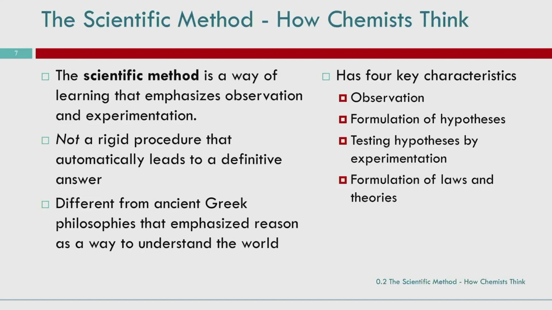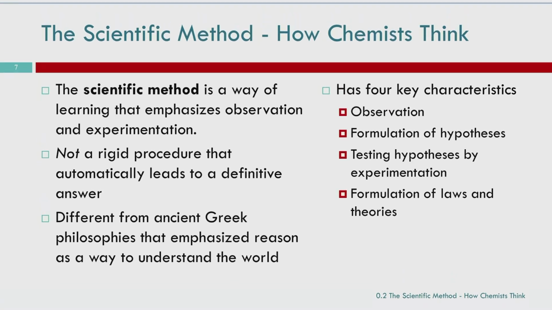You may have learned this in elementary school, the scientific method. We're going to cover it briefly because it's in what we're supposed to teach you. It doesn't really, I feel like, play a huge role in the course, but it's a good idea to understand the process that chemists use, that most scientists use when they are doing research, when they're trying to solve problems. It's the scientific method.